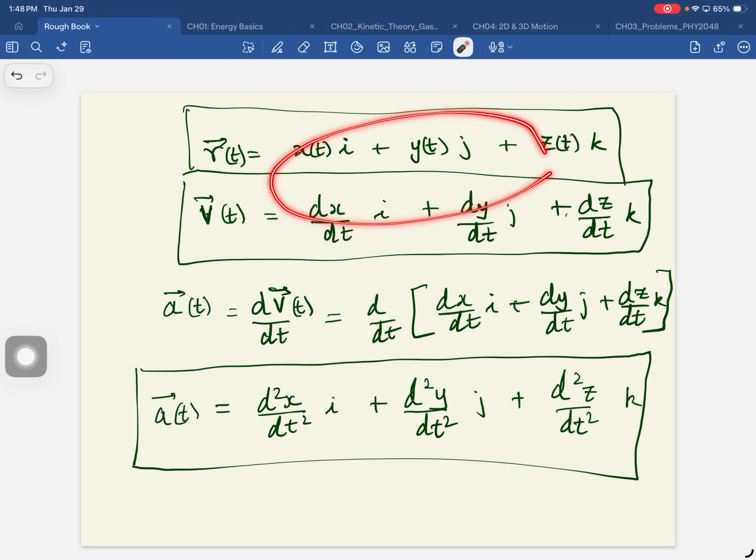We'll be interested in a particular motion quite a bit because we deal with it quite a bit. So when you throw an object, this object, it turns out, is traveling in a plane. This is a two-dimensional motion.